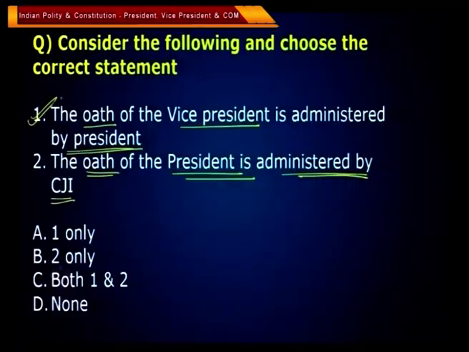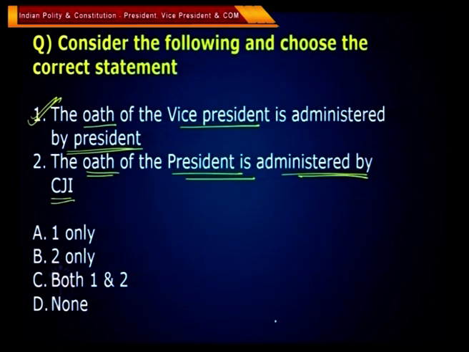The oath of the Vice President is administered by the President of India or any other person appointed by the President. I am repeating this. So this is correct. Look at the second statement.